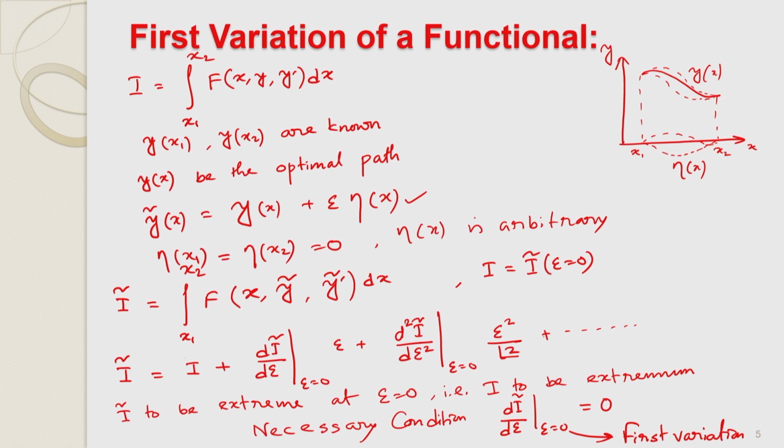Hence, this first variation can be written using chain rule in the following form, because it is dependent on y tilde and y tilde prime.